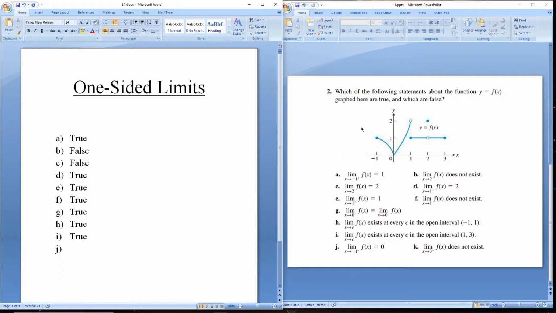So there's nothing to the left, which means we can't approach -1. We have no idea how to approach because there's nothing there. And so there's no way a limit can exist when we can't approach that number. And so J is false. Is this limit 0? No, this limit doesn't exist because we have no way to approach it.